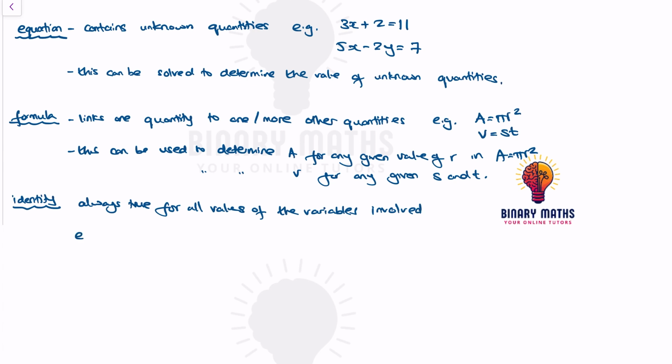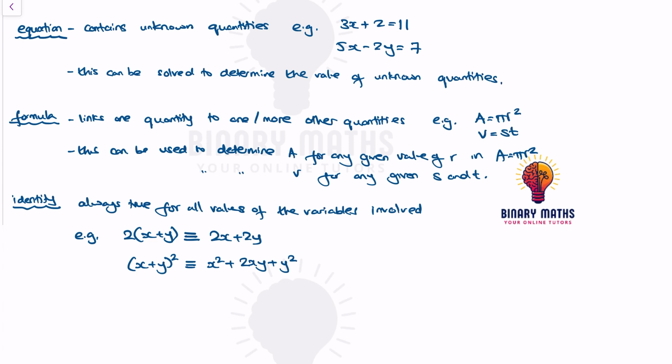For example, if we have 2 times (x plus y), then it's identically equal to, so we put a three-line equal sign, 2x plus 2y. Because no matter which value of x and y you substitute in here, you're going to get the same value. Similarly, (x plus y) squared is identically equal to x squared plus 2xy plus y squared.